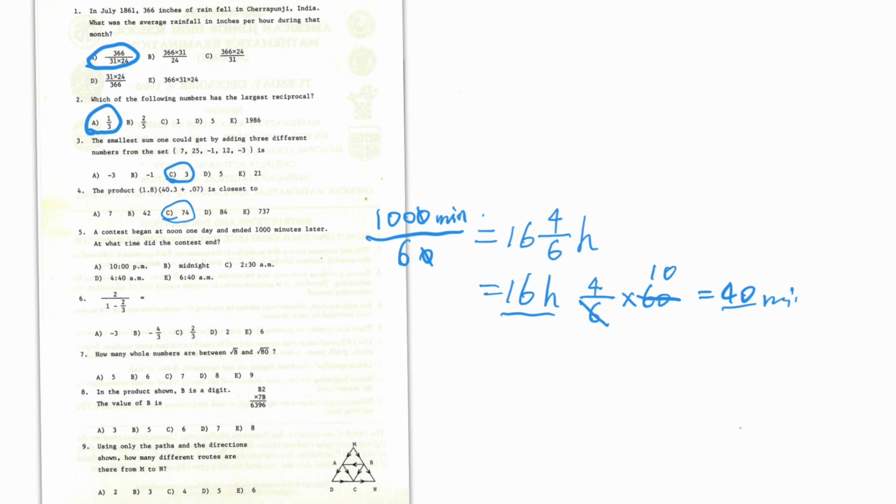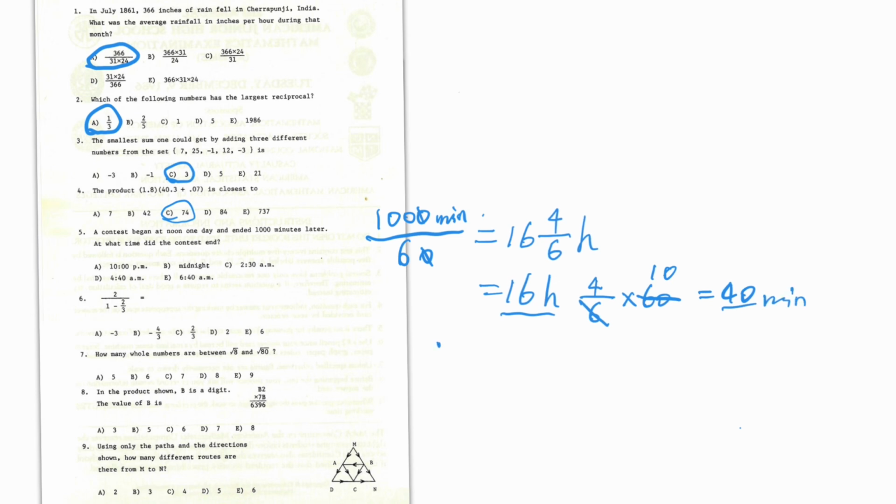Dividing by 60, cancel 10, that's equal to 16 and 4 over 6, so 16 and 4 over 6 hours. That's 16 hours, and 4 over 6 hour times 60 is 40 minutes. So the contest lasted 16 hours and 40 minutes.